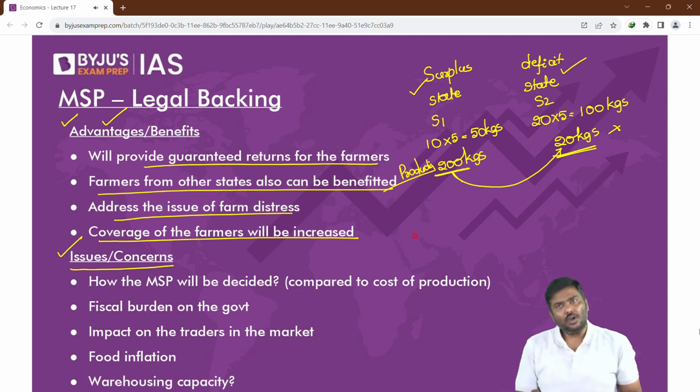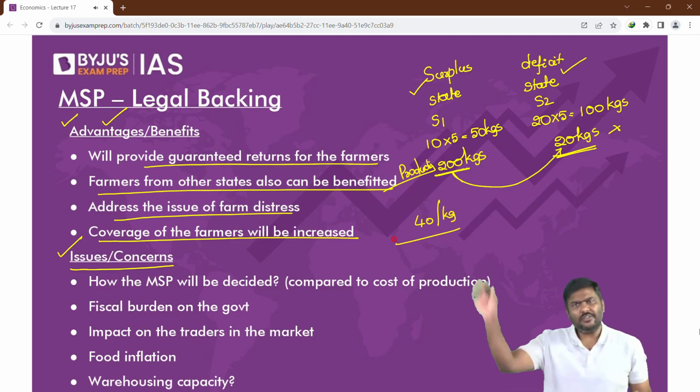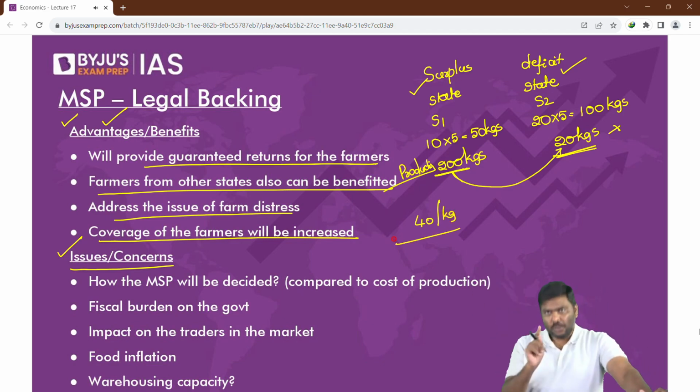Next, please think of it. Imagine you're a farmer. Please think of it very carefully. Government says, any crop which is covered under MSP, guaranteed, I will give you 40 rupees per kg.